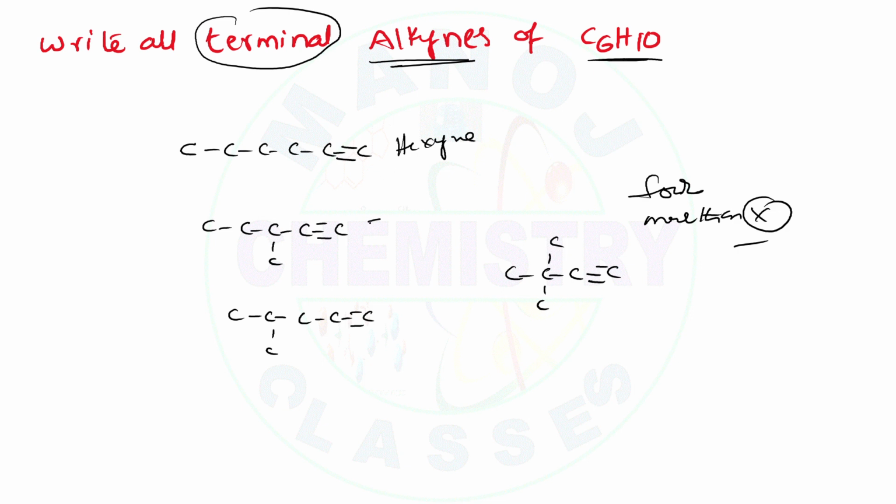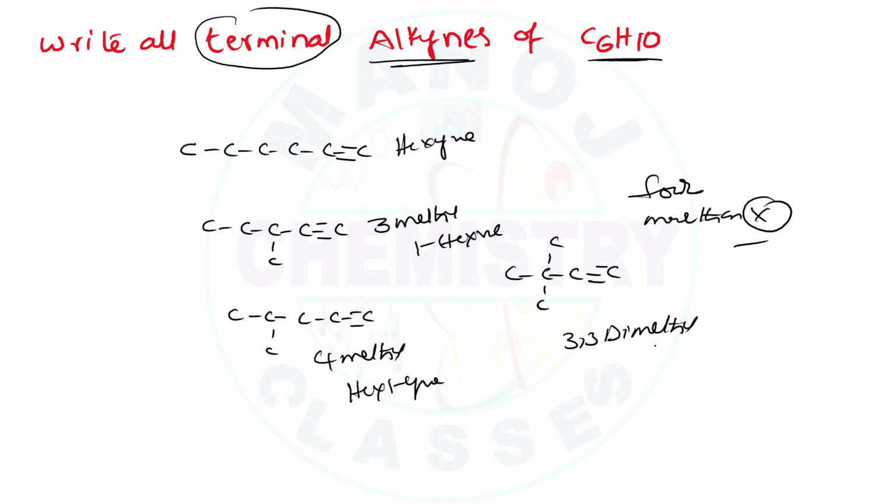This one is 3-methylpent-1-yne, this one is 4-methylpent-1-yne, and this one is 3,3-dimethylbut-1-yne. These are some examples of terminal alkynes of C6H10.